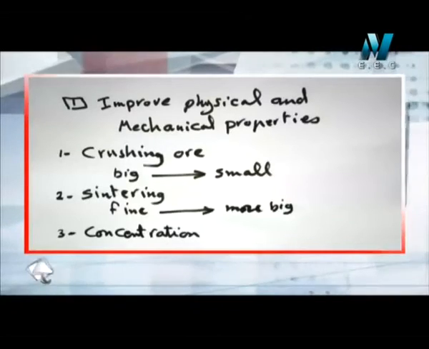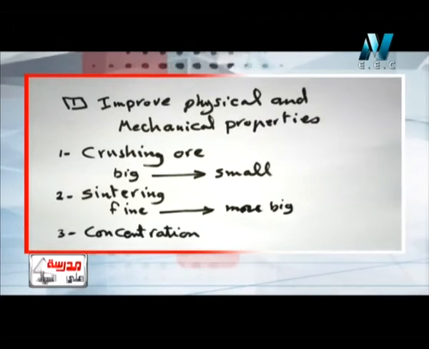And the concentration may be done using some methods such as surface tension or mechanical separation or chemical separation or electric separation. This is a method used to separate impurities and increase the percentage of the iron. This is the third step in number 1, improving the physical and the mechanical properties.